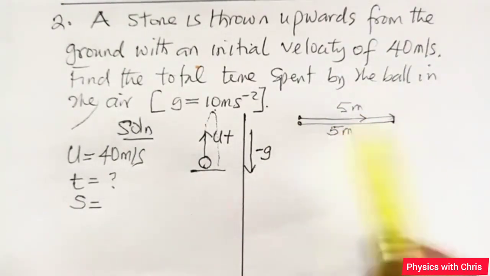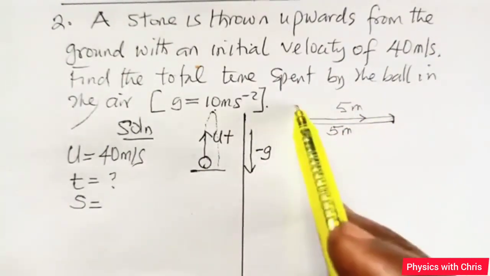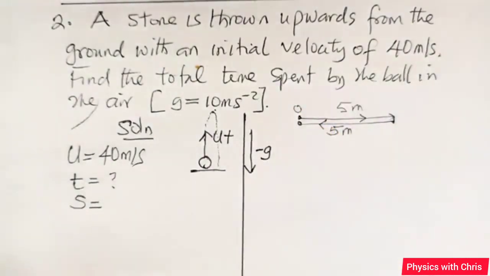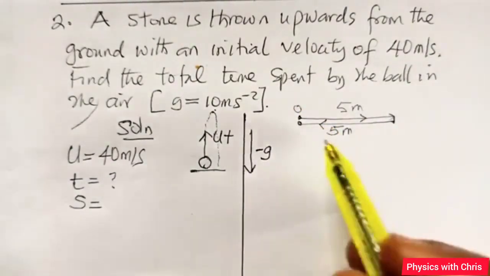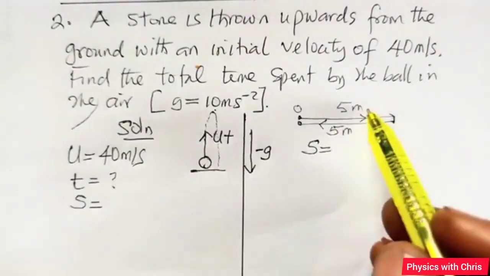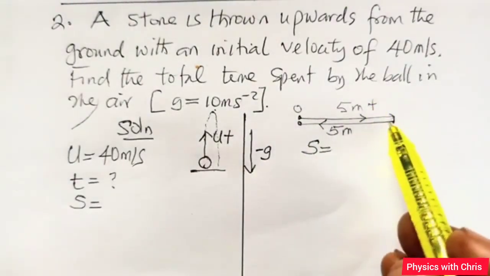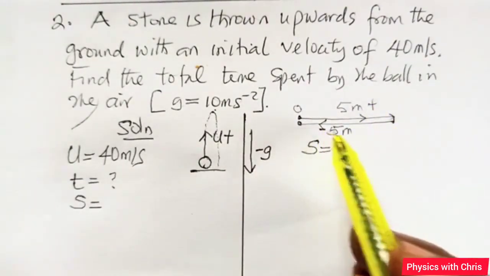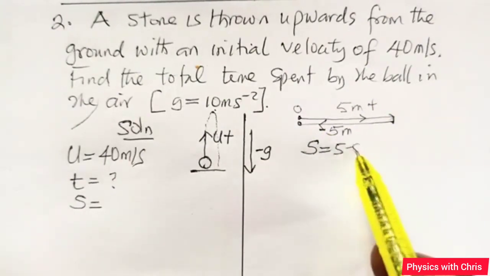This direction is to the right. The direction back to the starting point O is to the left. So we see that the total displacement of this body: displacement to the right can be given positive, displacement to the left can be given negative. So that total displacement is 5 minus 5, which is 0.